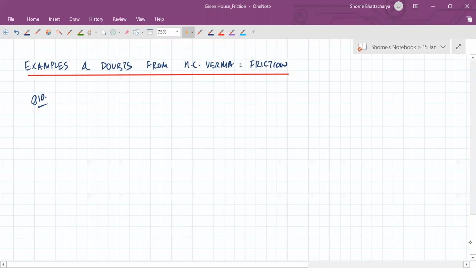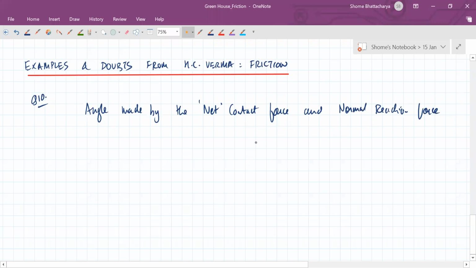So what's happening in this particular question is that the angle made by the net contact force and the normal reaction force, they are giving this angle the symbol lambda, and it is called the angle of friction.